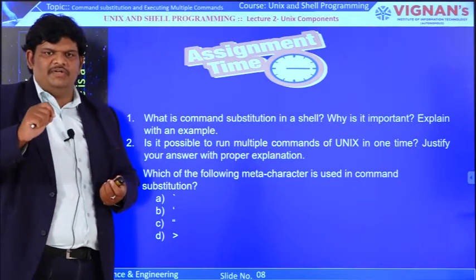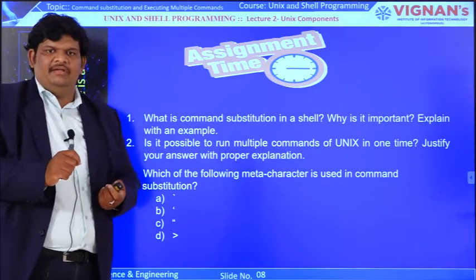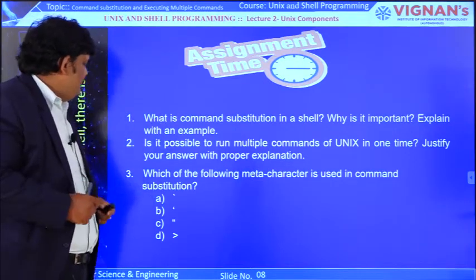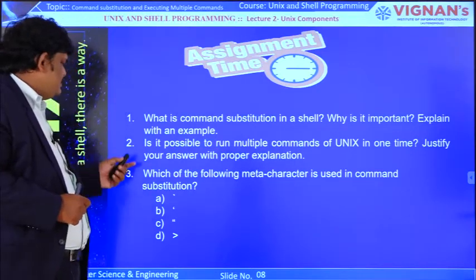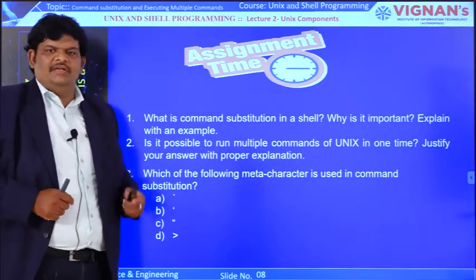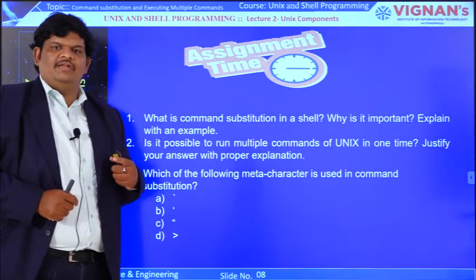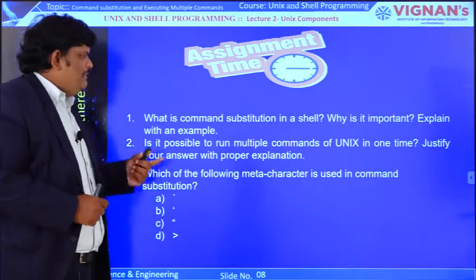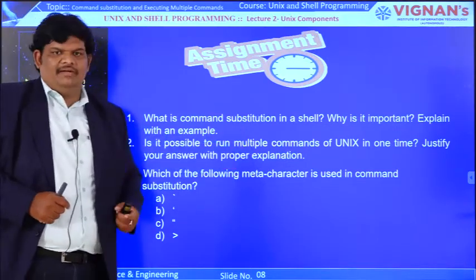So within back quotes or dollar symbol with parentheses, we have to write our command. Is it possible to run multiple Unix commands at one time? Yes, it is possible in 3 ways, with the help of the semicolon operator, the logical AND operator and the logical OR operator. With the help of those 3 techniques, we can execute multiple commands at a time.